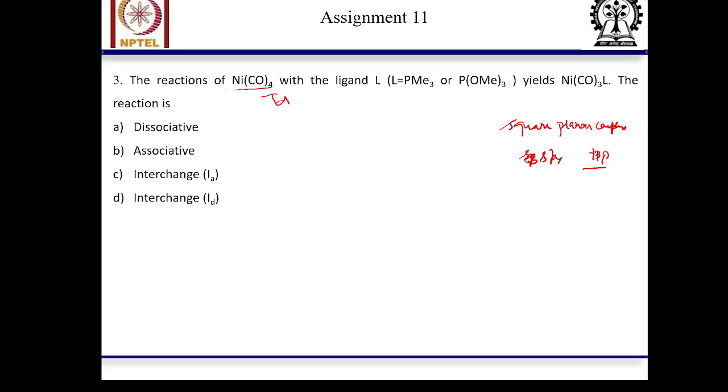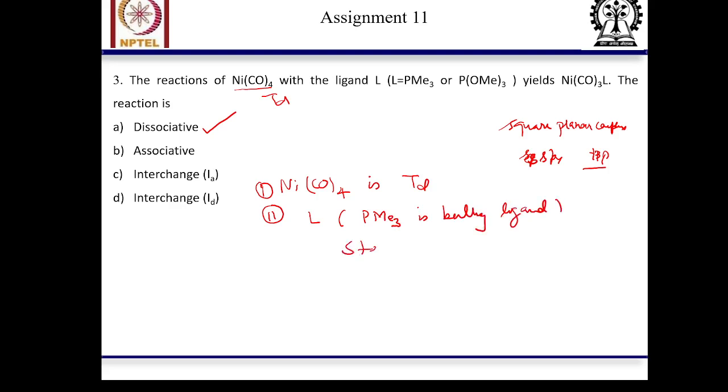Okay, so the correct answer is, you are right, it is dissociative. What is the reason? First, Ni(CO)4 is tetrahedral. Second thing is that the ligand is PMe3, which is a bulky ligand.